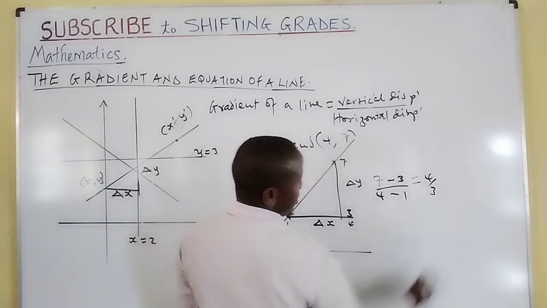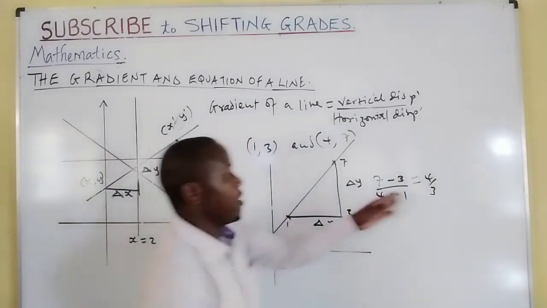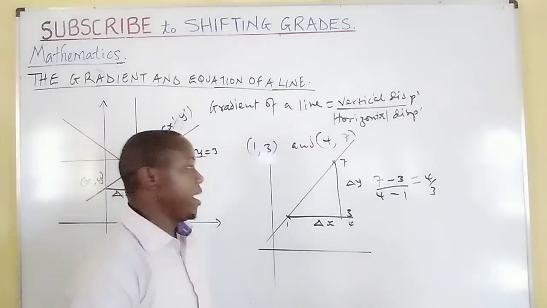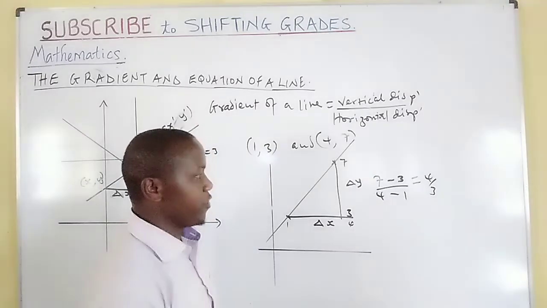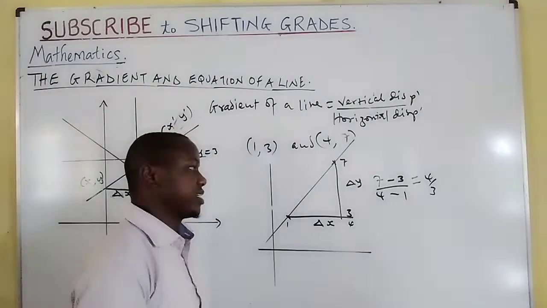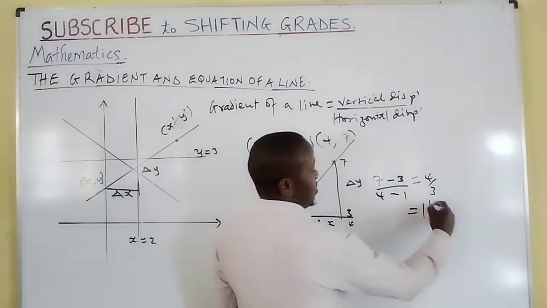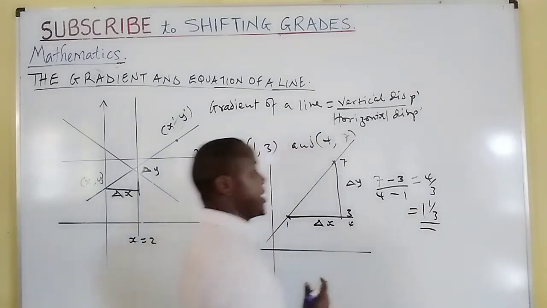So 4 over 3. You can leave it like that in this topic. When you are doing the calculations, the gradient can be expressed as an improper fraction, or even making it a mixed number is not a problem.